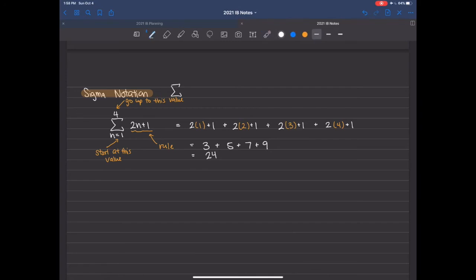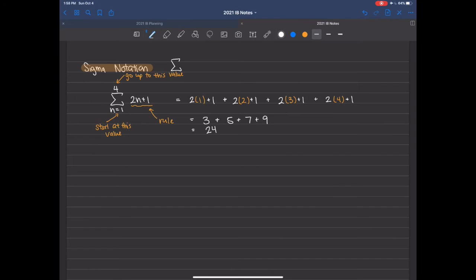So let's look at how that's related to arithmetic sequences and series. So consider the sequence: start at -2, to 1, to 4, to 7, and so on.